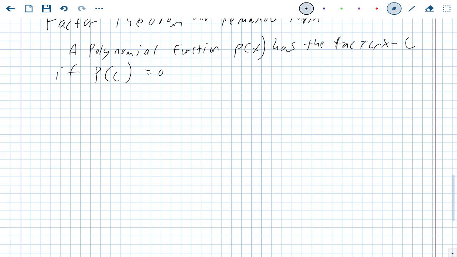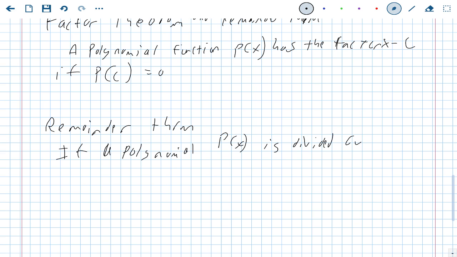The other one then is the remainder theorem. The remainder theorem is such that if a polynomial p of x is divided by x minus c, then the remainder value is p of c.